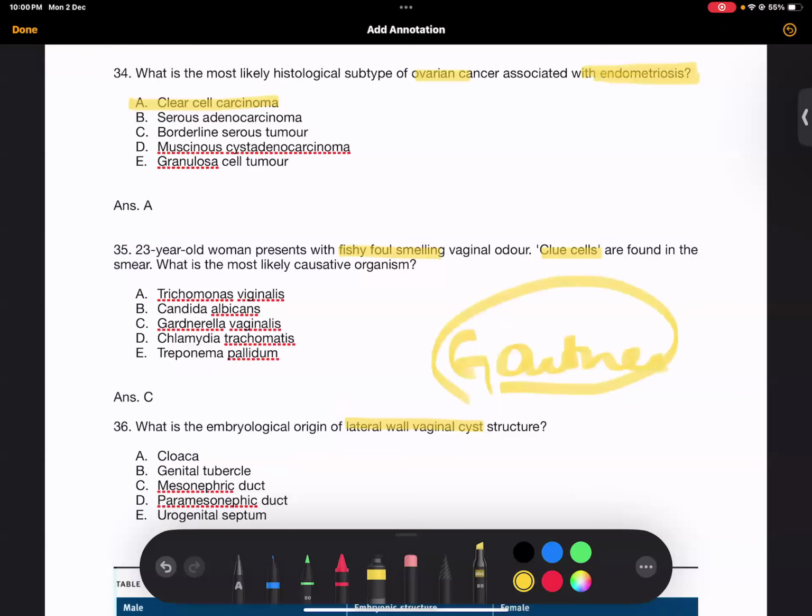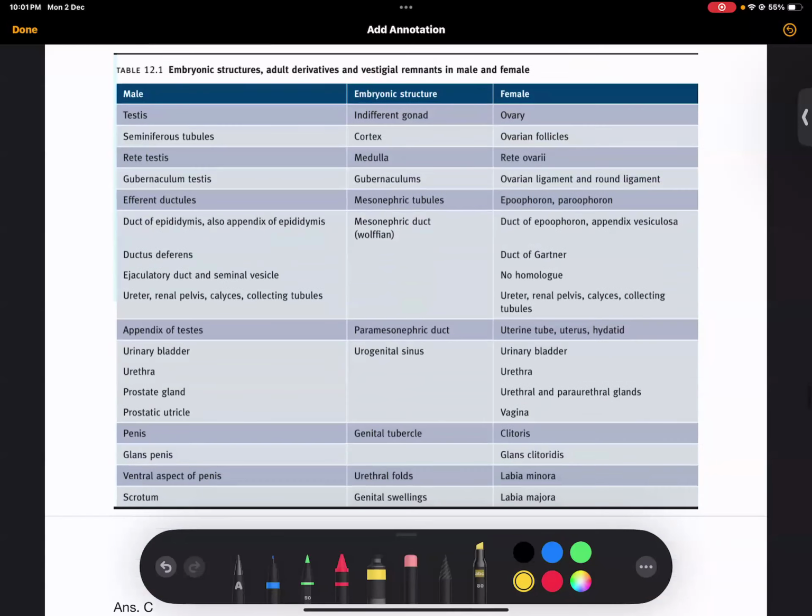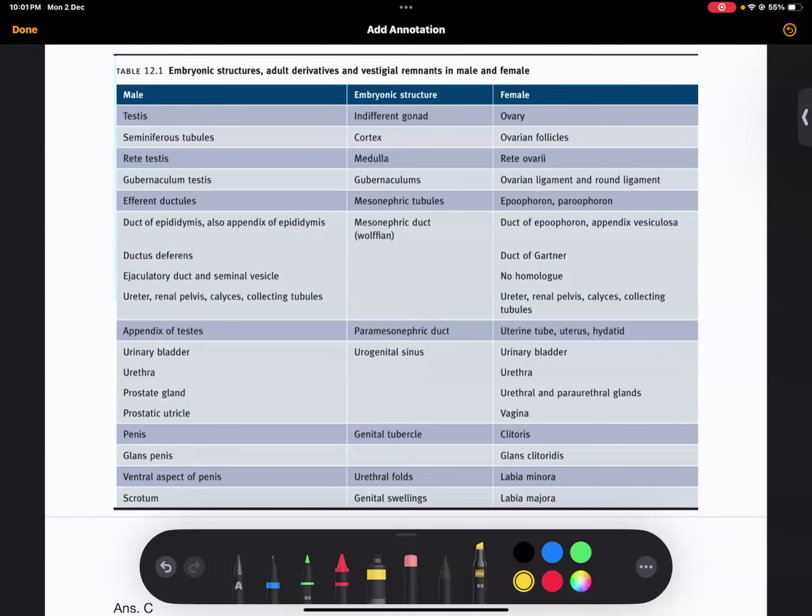So, what is the embryological origin of this Gartner duct cyst? That is your mesonephric duct. Yes, that's great. This table is very, very important. You need to remember this table. One thing is homologous structures. Homologous structures means the same embryological origin, differentiating into either male or female.